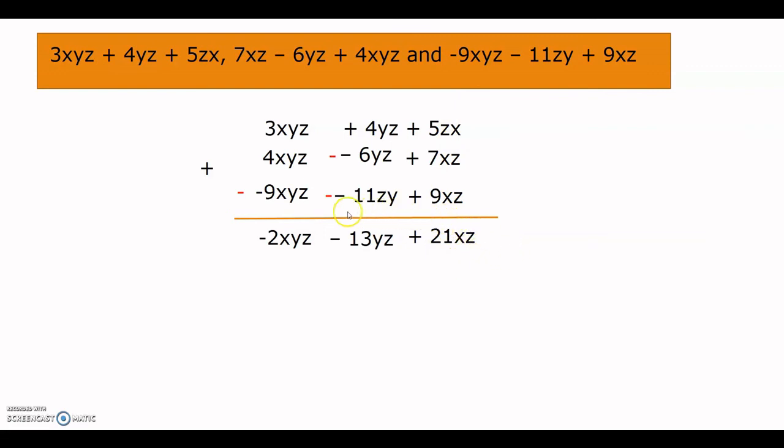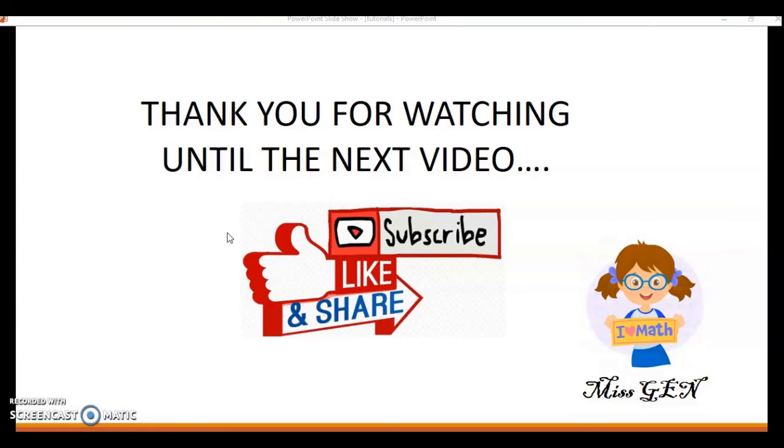Exponents and variables are not affected at all when we add and subtract polynomials. We just need to combine like terms and copy them down. So this is our final answer: negative 2xyz minus 13yz plus 21xz.